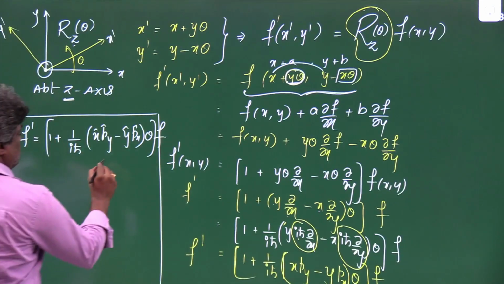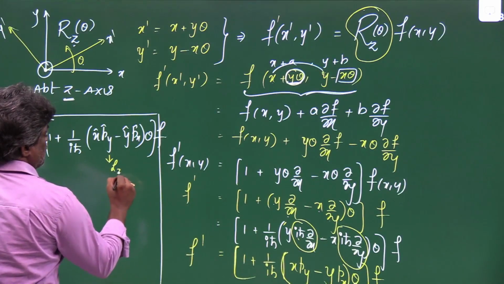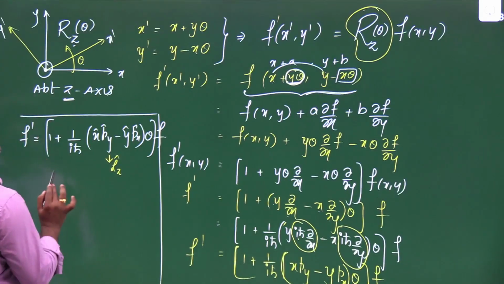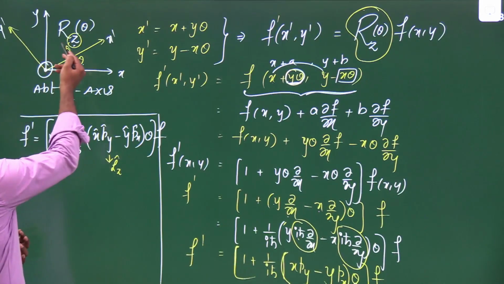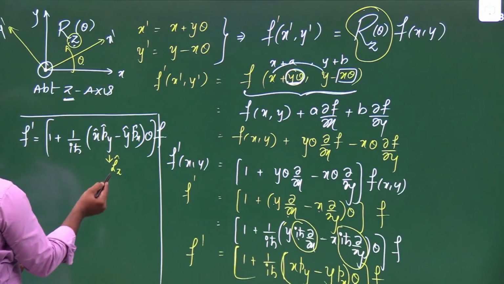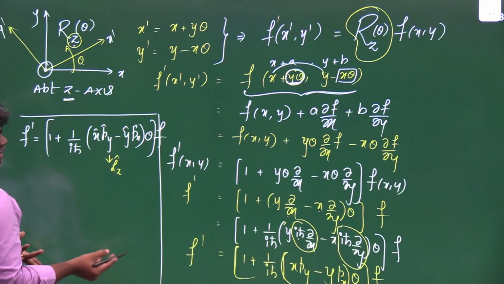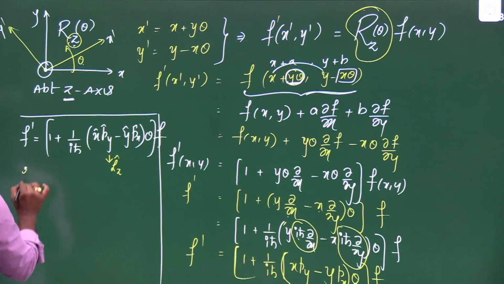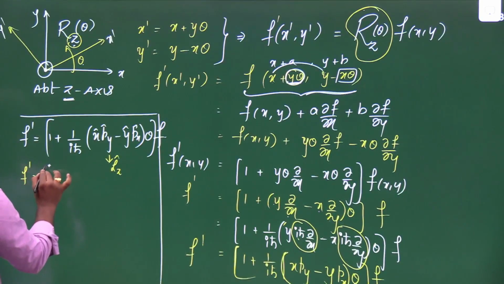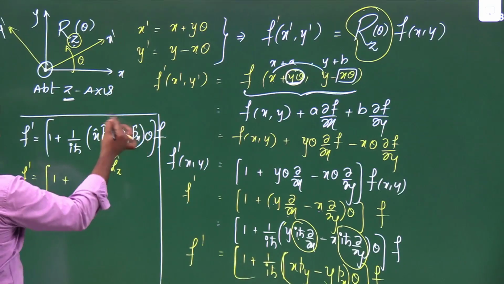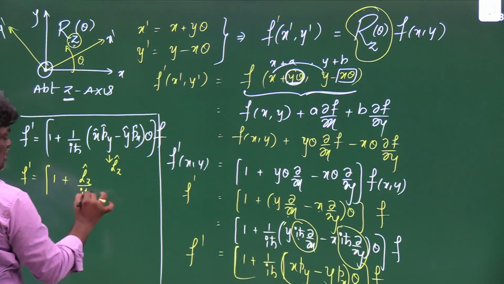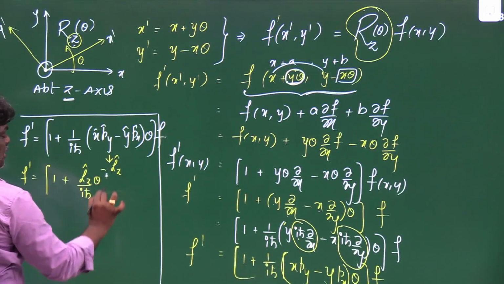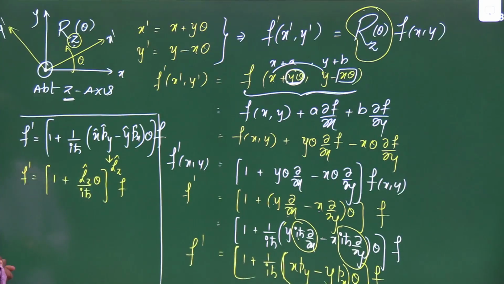Lz, sir. That's it. This is nothing but Lz. Why you got Lz? Because you rotated about z axis. In case if I take about x axis, what I will get? Lx you will get. Right. So y Pz minus z Py was 1 plus this entire thing is equal to Lz cap by i h cross theta into f. Fine?